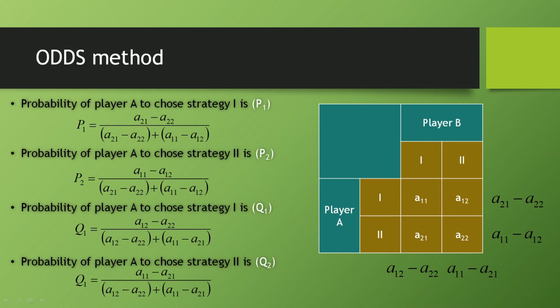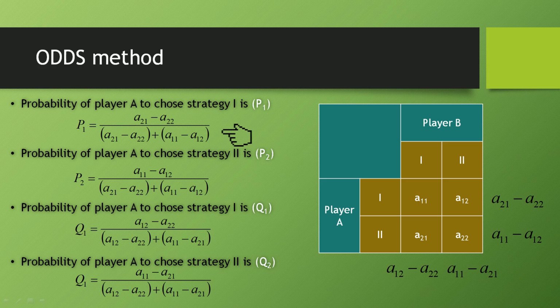Now, in order to calculate the probability of players of different strategies, the first one is the probability of player A to choose strategy 1, which is P1. To calculate that, you take this A21 minus A22 in front of the first row and place it in the numerator, and in the denominator you sum these two values.